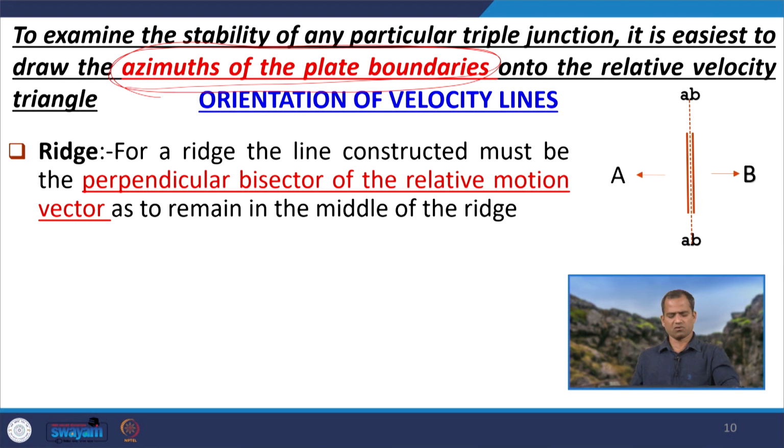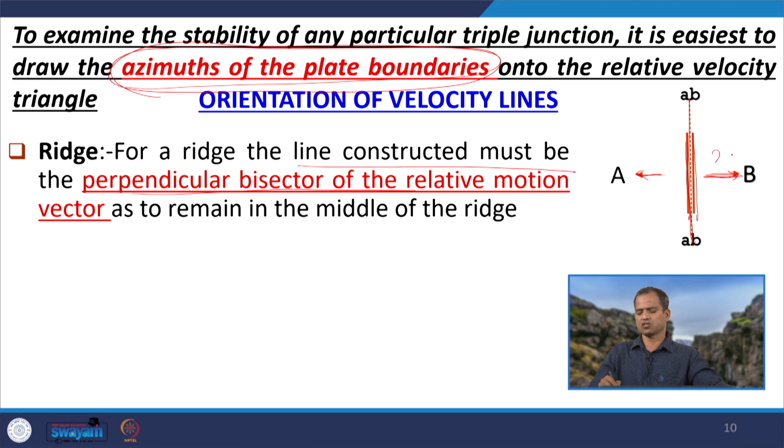Let us talk about it. For a ridge, the line constructed must be the perpendicular bisector to the relative motion vector, because we know this is the ridge, this is the orientation of this plate boundary, and this is the vector. So, it is a perpendicular bisector, because both directions are moving the same.